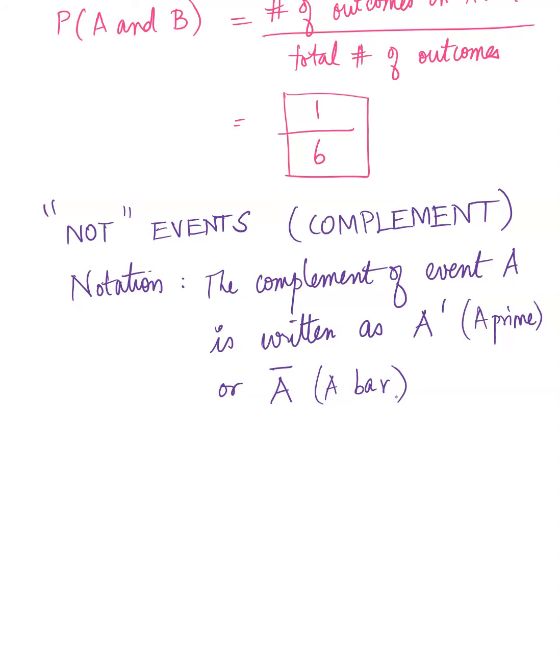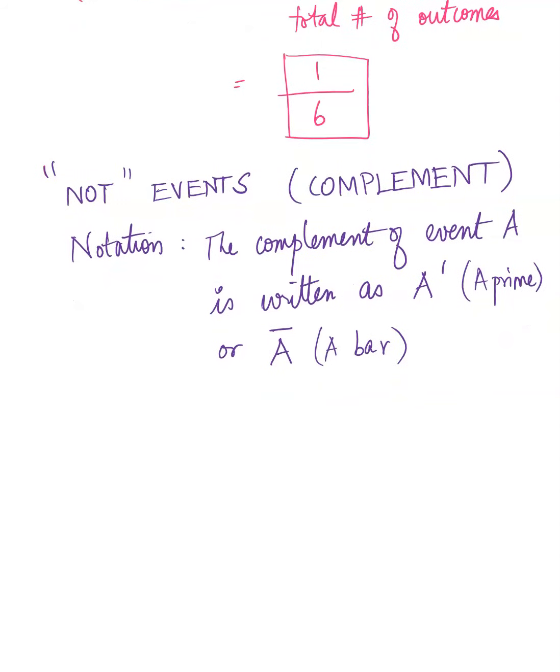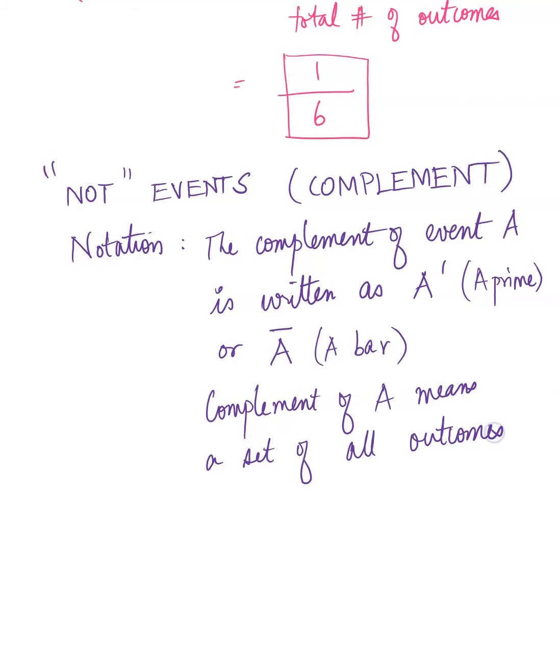What this means is, complement of A means a set of all outcomes that are not in A. Right? That is what we mean by not events. It's not in that. So it's a complement. Complement of A means a set of all events that are not in A.